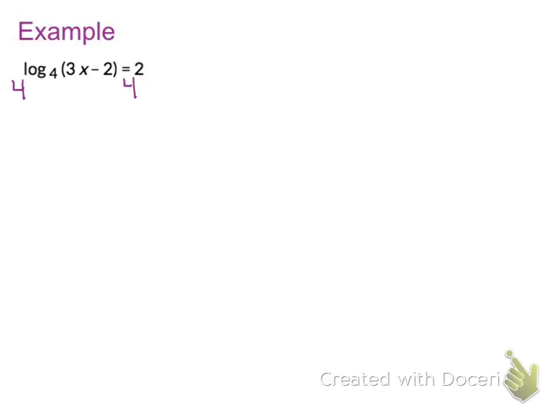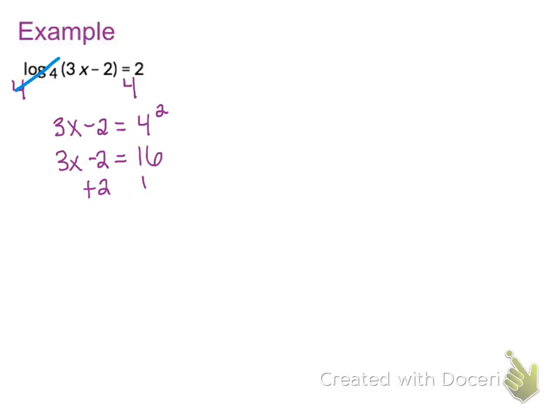So what happens is 4 and log base 4 are going to end up canceling each other out. Again, just leaving me with 3x minus 2 equals, on the right side it's going to be 4 squared. And you can go ahead and just simplify that even further to say 16.